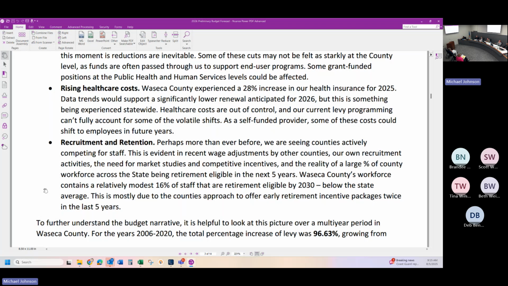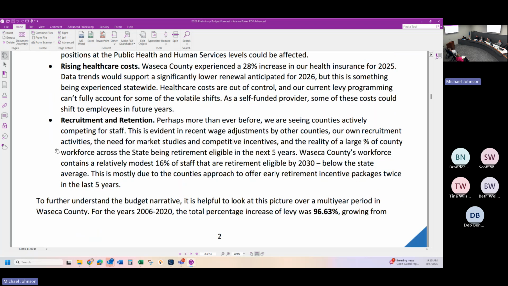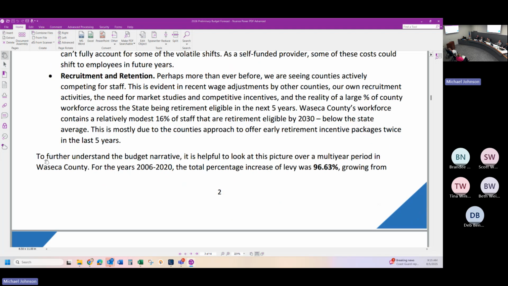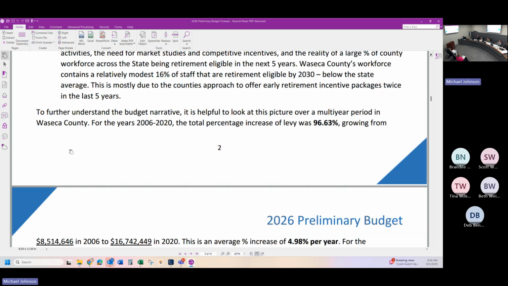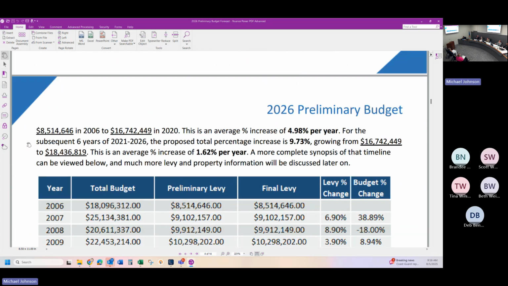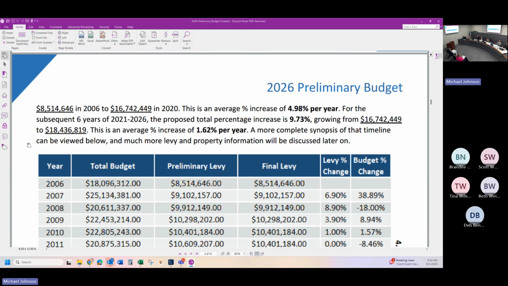Notes on recruitment and retention, just thinking through succession planning like many counties and cities are, as we anticipate a lot of departure of institutional knowledge from our agencies over the next 5 years, creeping into 2030. We're actually lower than a lot of our counterparts in terms of retirement-age eligible individuals between now and then.